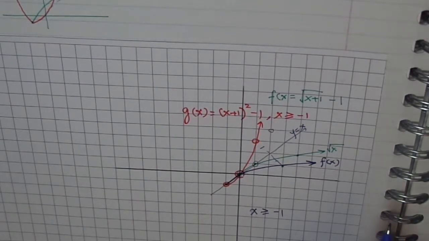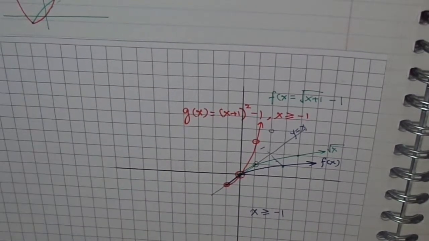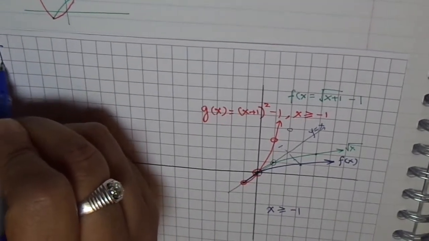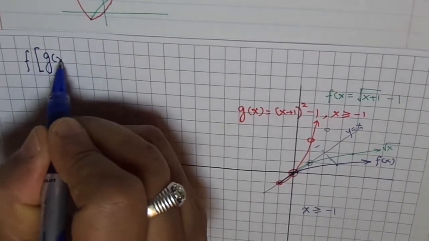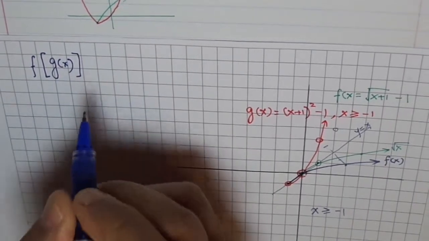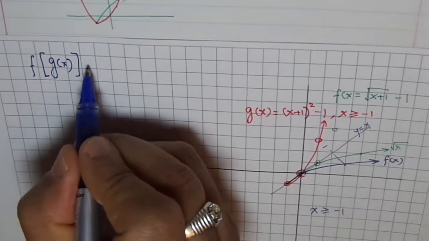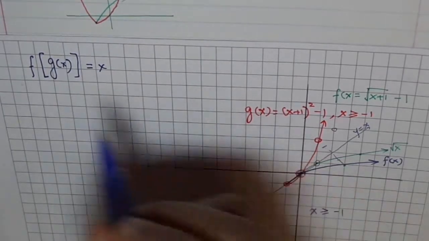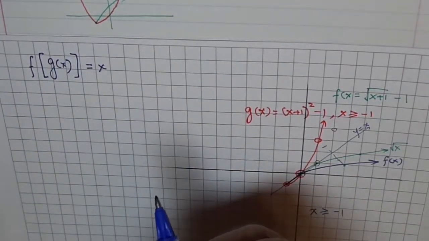Algebraically, we can prove that both are inverse of each other if we calculate f of g(x) and we get x, then these are inverse of each other.